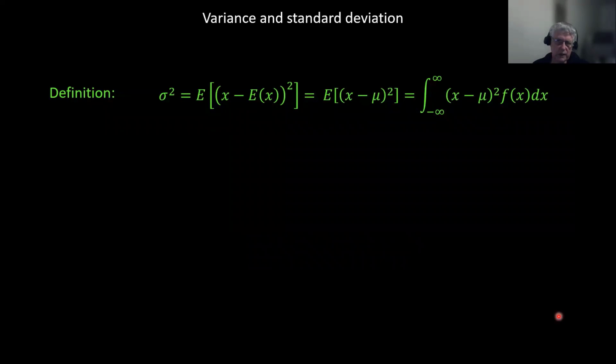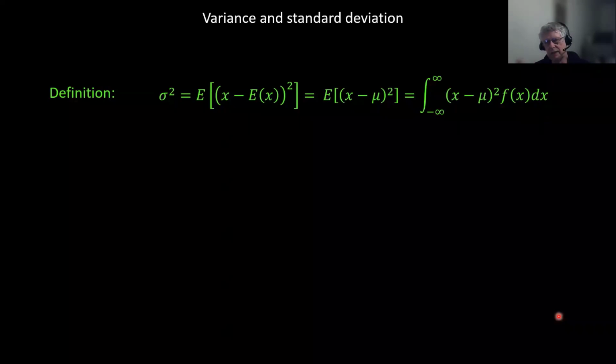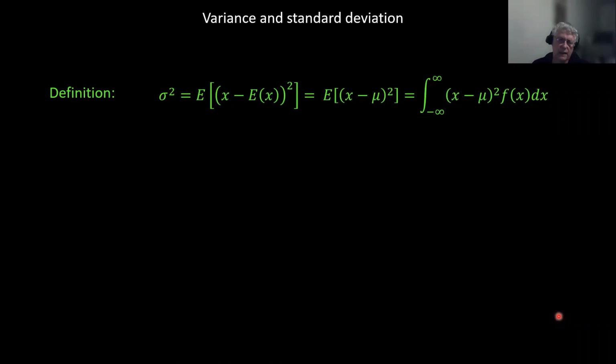Now, another thing we need to characterize a random variable is its propensity to deviate from that mean. The variance of a random variable is the expected value of the variable minus its mean, squared. That's the mathematical definition of that propensity.